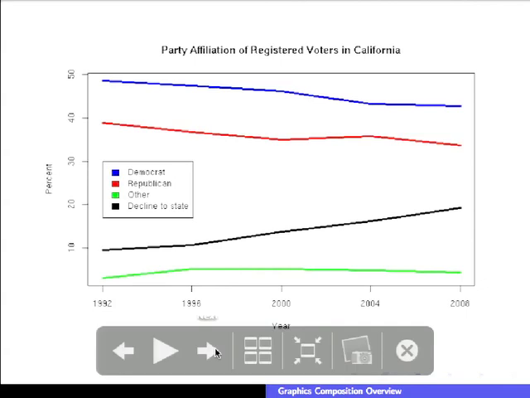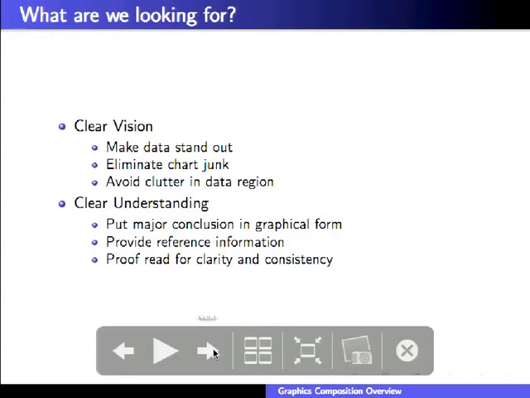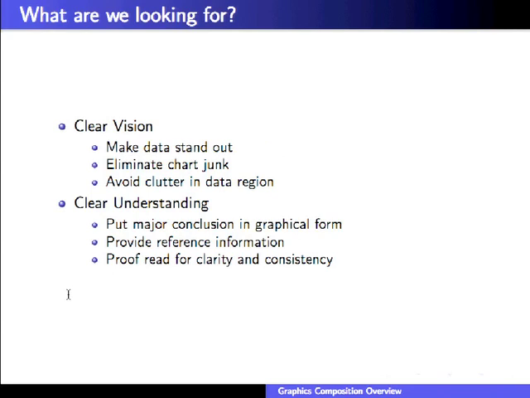What are we looking for when we're making our plots? Those two basic concepts: one's called clear vision, and the other is clear understanding. Clear vision says make your data stand out. Your data's got the message in it. Don't obscure it by having lots of chart junk and extra clutter in your data region.